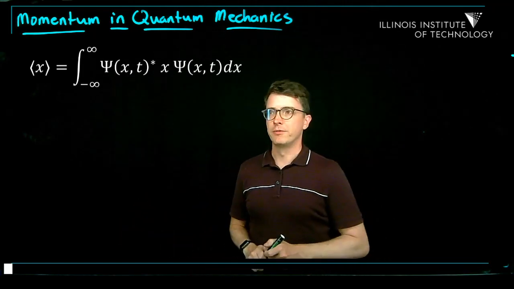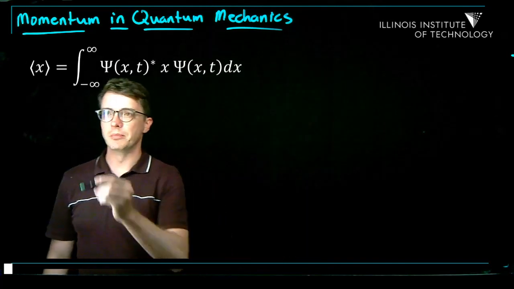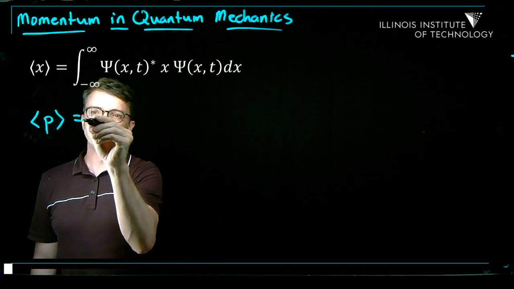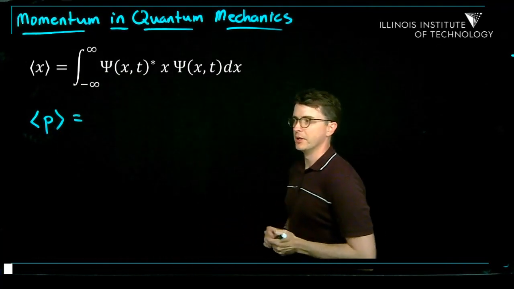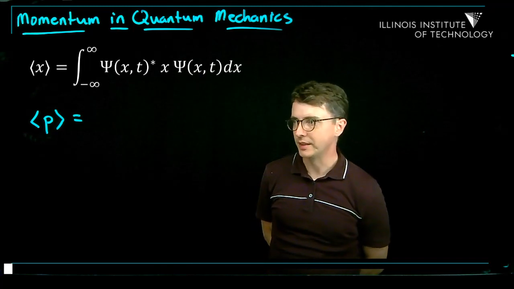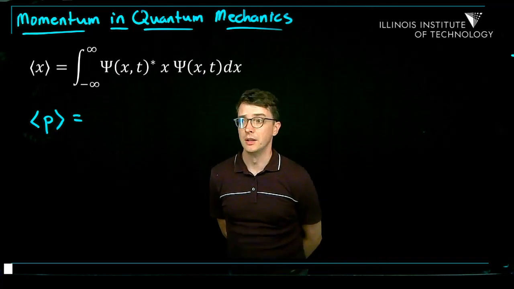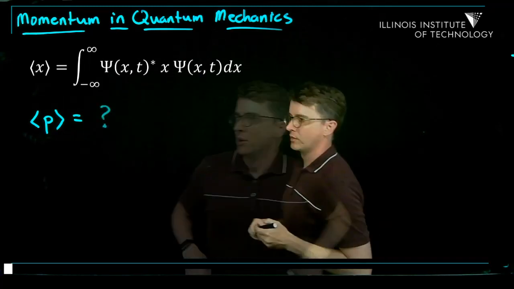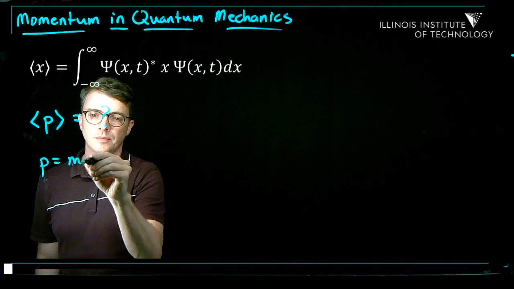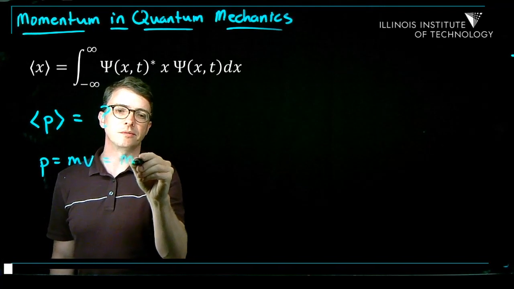Another quantity that we're very interested in in quantum mechanics is momentum. You might be interested in knowing the average momentum of a quantum particle if I know its wave function. That's the goal of this lecture, to write that in a fairly simple form. In classical physics, p is equal to mv, and v is dx/dt, right?